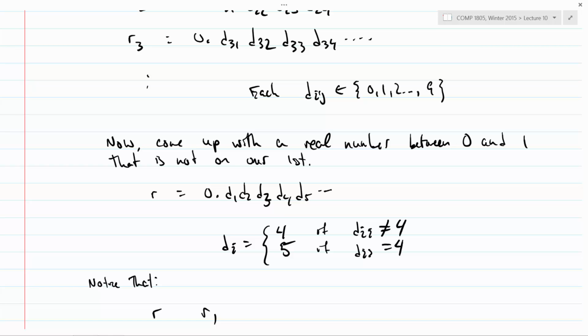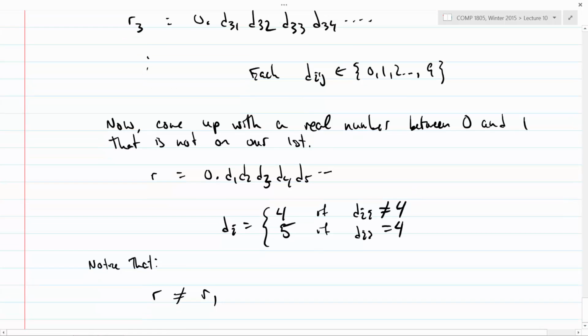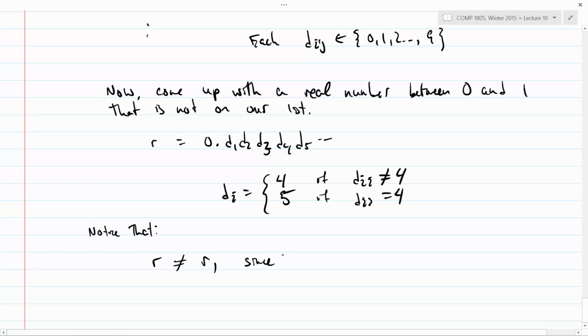No. If the first digit of R1 is 4, then the first digit of R is 5. And if the first digit of R1 is anything except 4, then the first digit of R is 4. So R definitely does not equal R1, since they differ in D1 and D11. They differ in the first digit after the decimal.